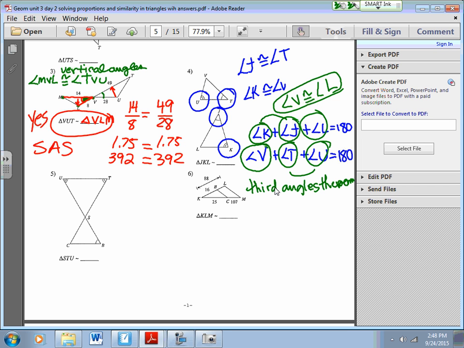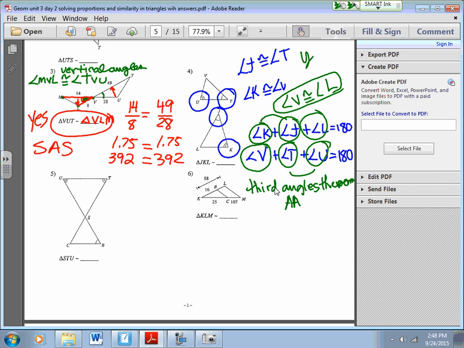All you need is two angles of one triangle that are congruent to two angles of another triangle. The third ones have to be equal to each other. There's no other way that could work out, because they all have to add up to 180. So if two angles are congruent to each other, that's called the angle-angle theorem, or in other words, the third angles have to be congruent.